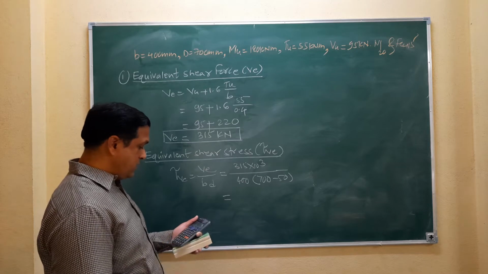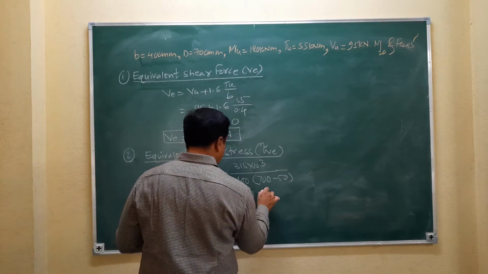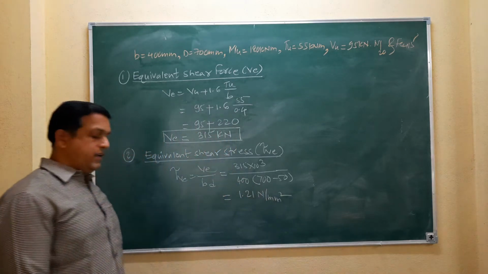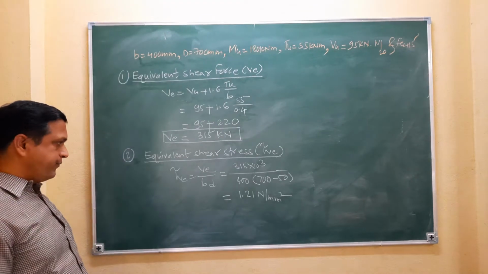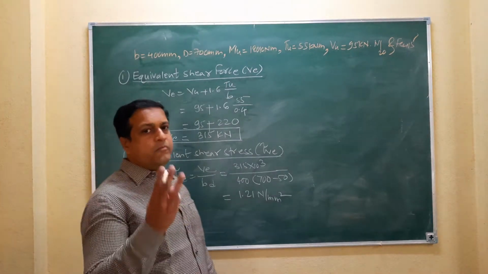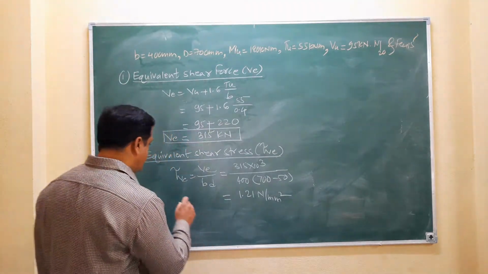The value is 1.21 Newton per mm square. So this is the equivalent shear stress tau Ve. Simple calculation. Then you have to find out two more shear stresses. One is tau c, another is tau c max.